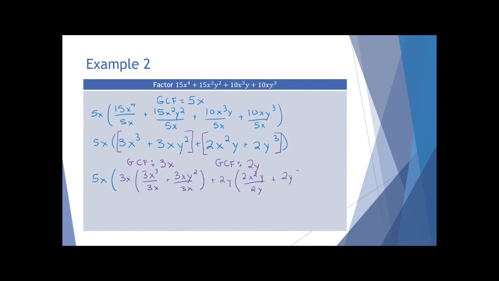So this does start looking really messy because we end up with parentheses inside parentheses. If it makes it easier, you can turn maybe the outside sets of parentheses to brackets if you want.